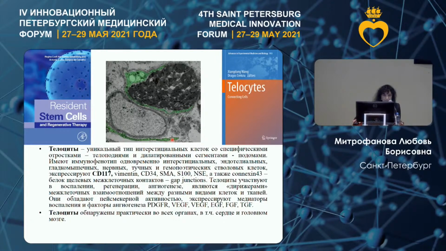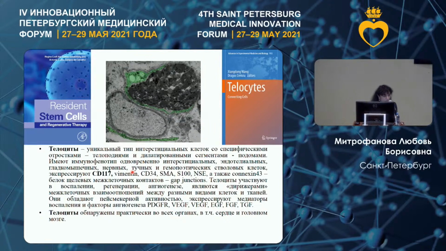Besides, there are dilated segments, the podoms of telopodes. Telocytes are cells that were recently discovered and proved to be muscular, nervous, stem, etc. They express CD34, SMA, S100, NSE, and the main point, connexin 43. And connexin 43 is an intercellular protein forming gap junctions.